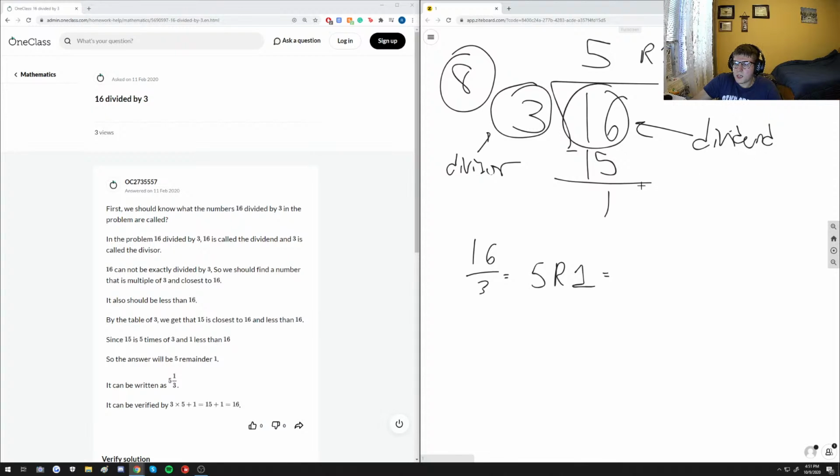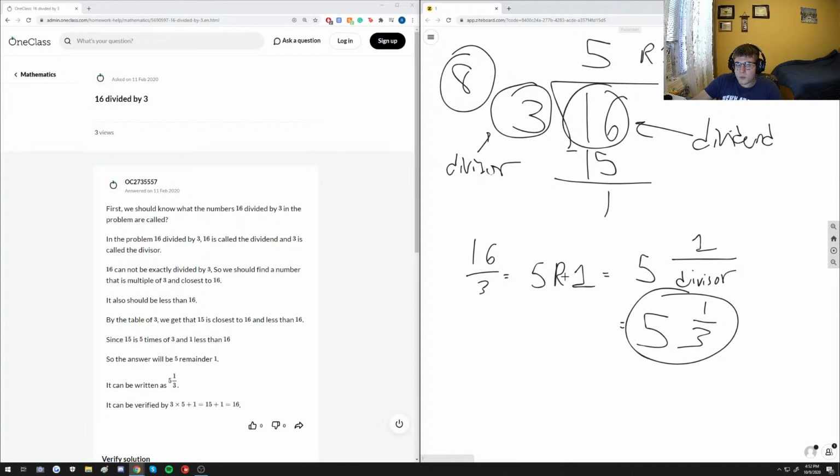We can write this as 1 over our divisor, because that's just how remainders work in division. So we get 5 and 1 over 3. This is the mixed number way of writing it, the whole number and fraction method, so 5 1/3.